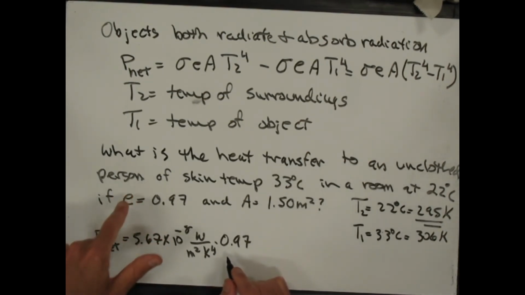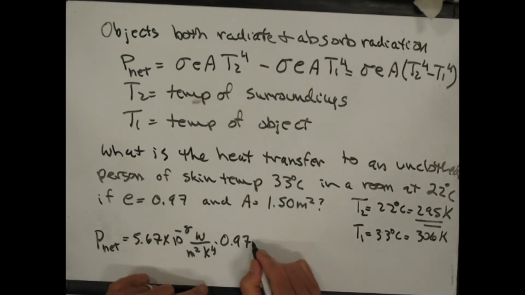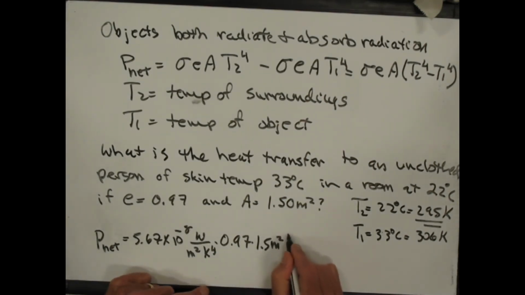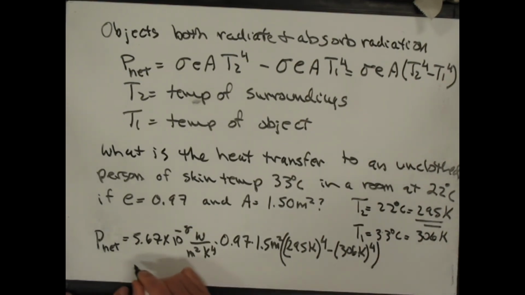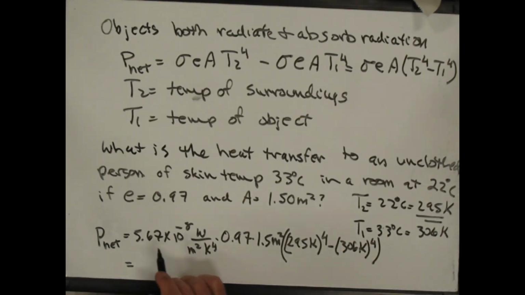Notice the emissivity has no units with it, times the area, which is 1.5 meters squared, times 295 Kelvin to the fourth power minus 306 Kelvin to the fourth power. Equals, am I getting that all on the screen? Just barely. Right. And what I get is about minus 99 watts.